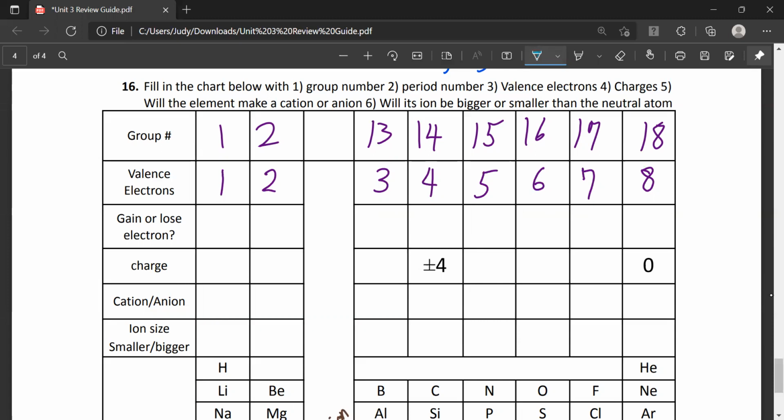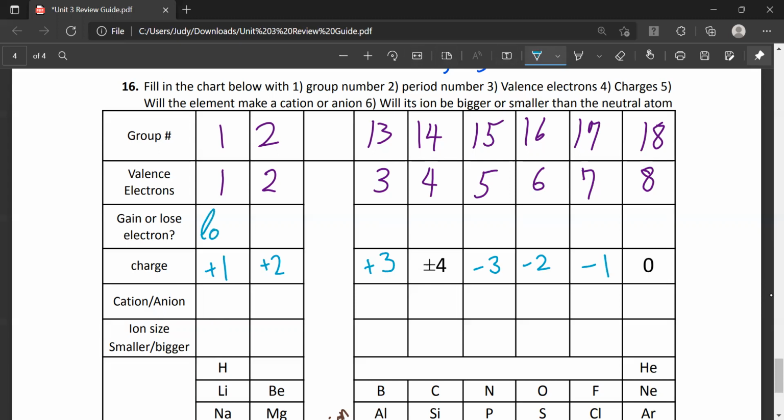Then let's move on to the next part. How do we know if they're going to lose or gain electrons? That's also in the flip book. The first column will have +1, then +2, +3. The 14th column actually has its own special case, which is both positive and negative charge. Then -3, -2, -1, and 0. Remember, the plus charge means losing electrons.